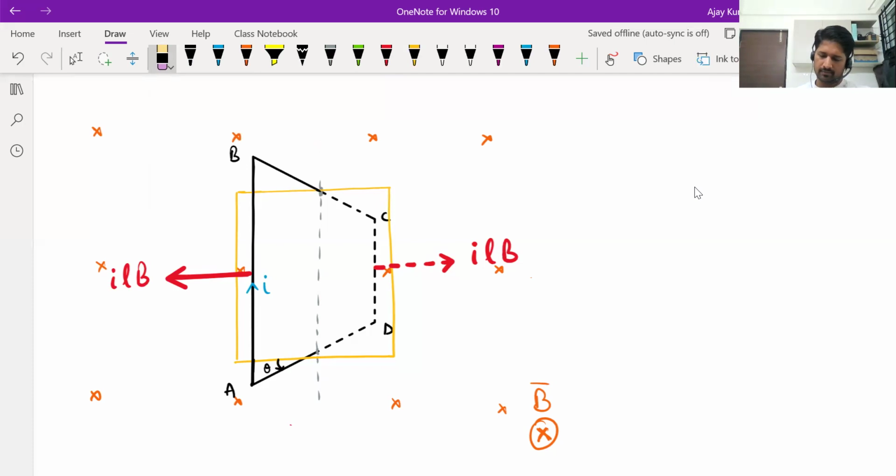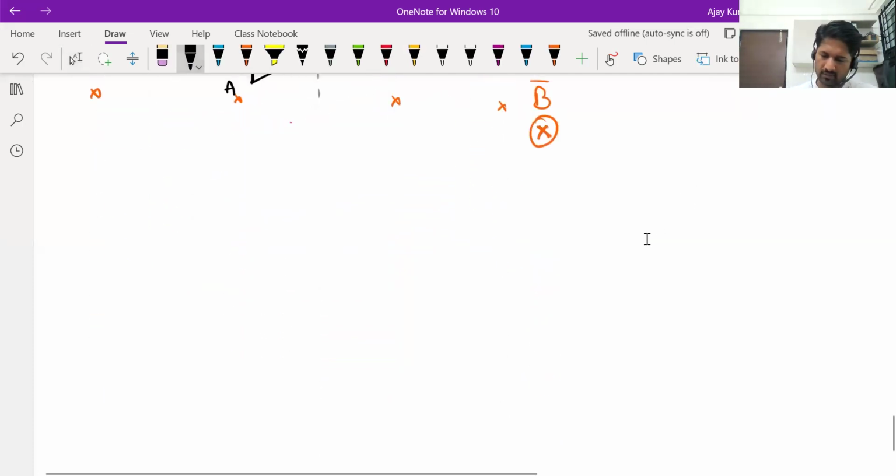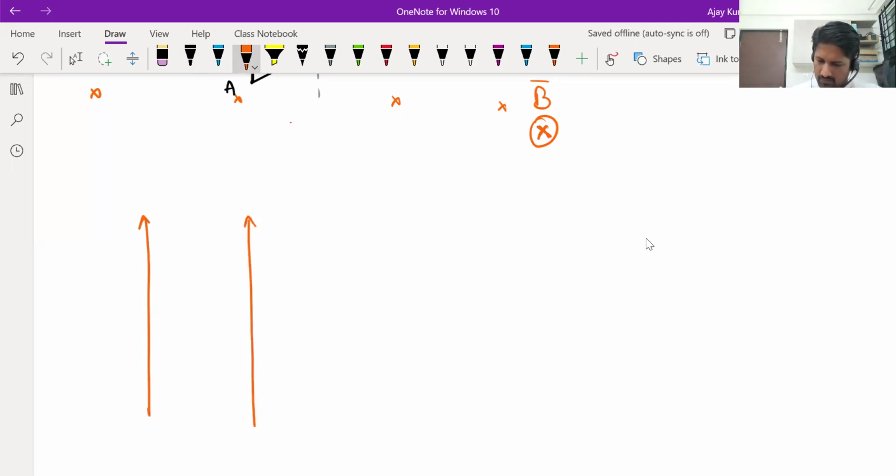Okay. Let us look at it from above now. Let's say this is the magnetic field. When you look at it from above, the loop looks like a line. Okay. Originally, it was like this. Which side are you seeing from?